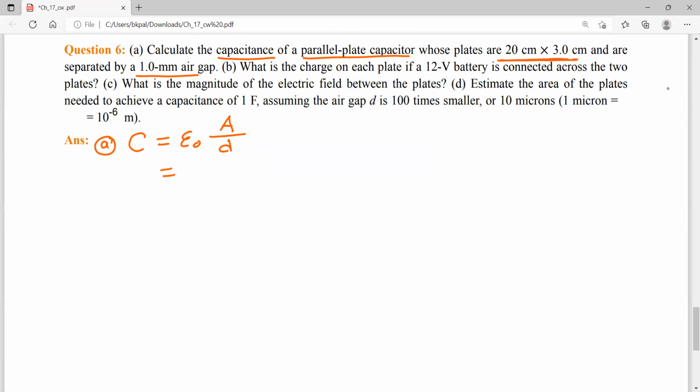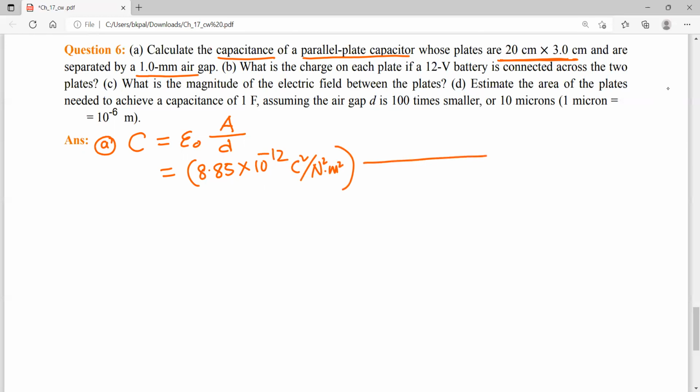So what is epsilon 0? Epsilon 0 is 8.85 times 10 to the power minus 12 coulomb square per Newton per meter square.